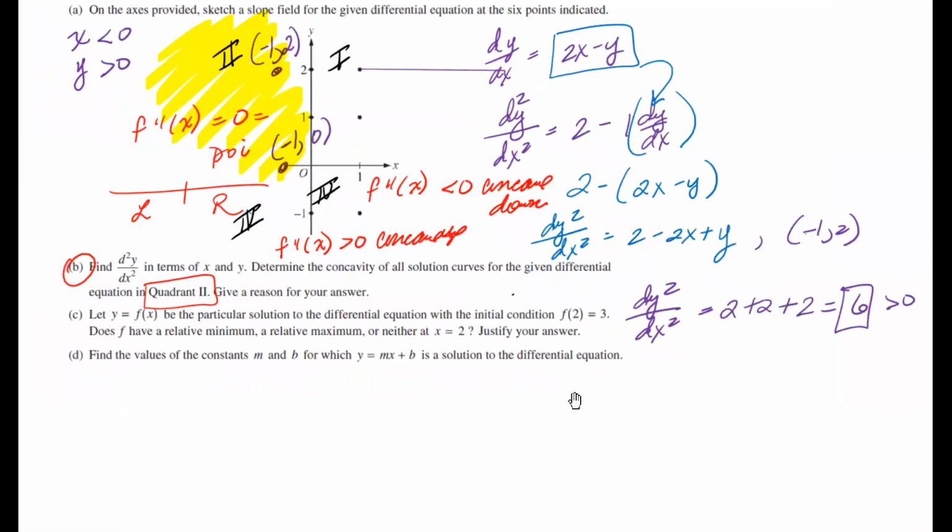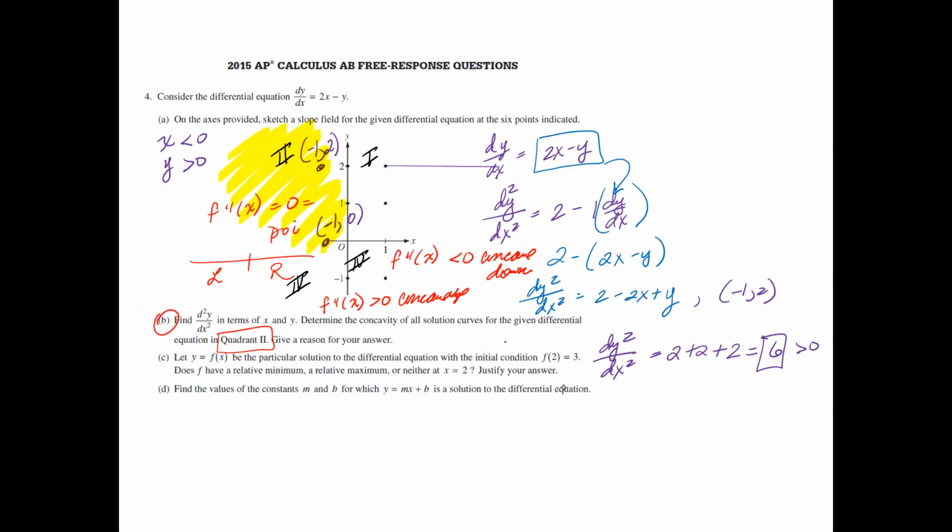So then I can say in quadrant 2, when x is less than 0 and y is greater than 0, d squared y over dx squared is greater than 0 for all solutions.